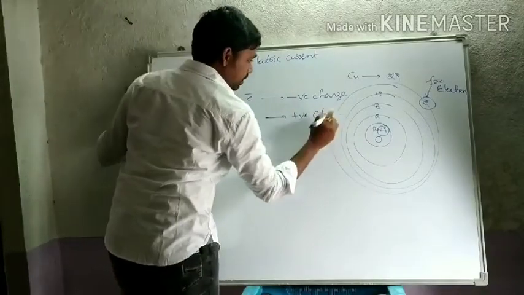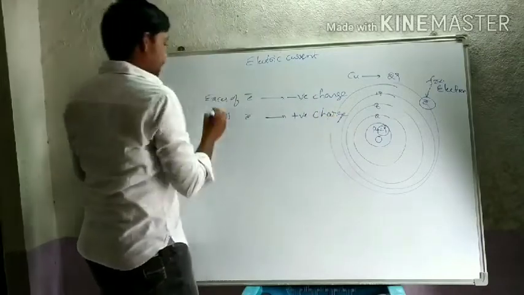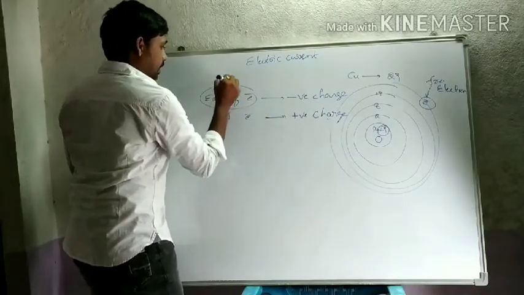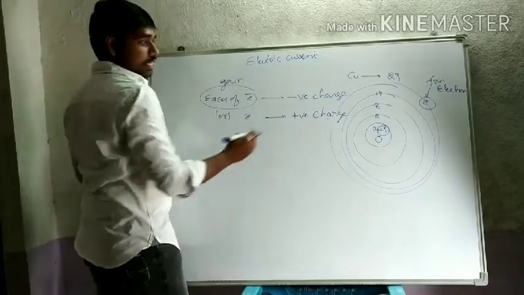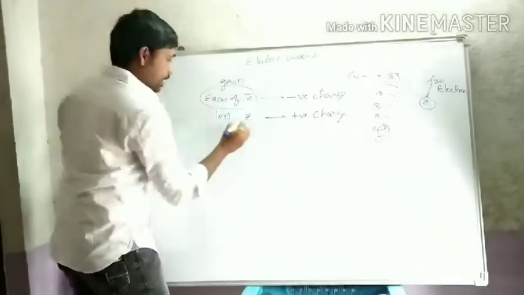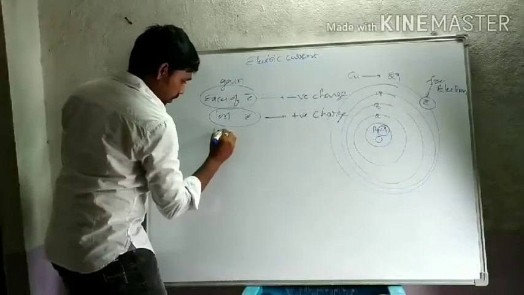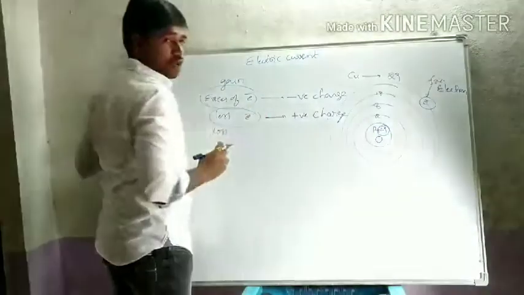In other words, excess of electrons, that is gaining of electrons, is a negatively charged body, and loss of electrons is called positively charged.